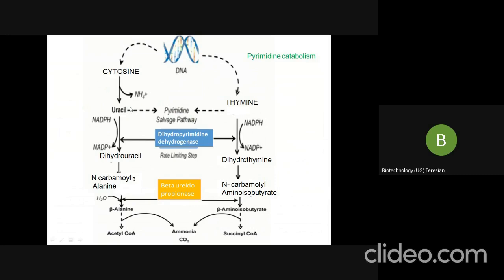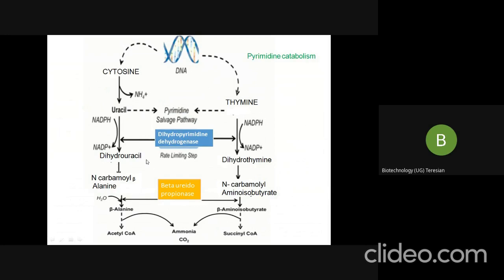Okay, keeping that apart, you can see that your uracil and thymine get converted into dihydrouracil and dihydrothymine by the rate limiting step, dihydropyrimidine dehydrogenase. So this is a very important step which controls your overall pyrimidine metabolism.